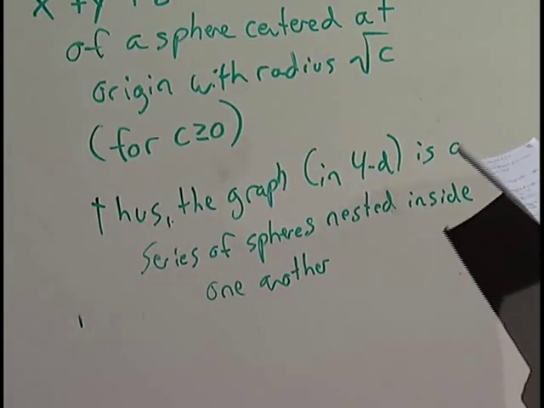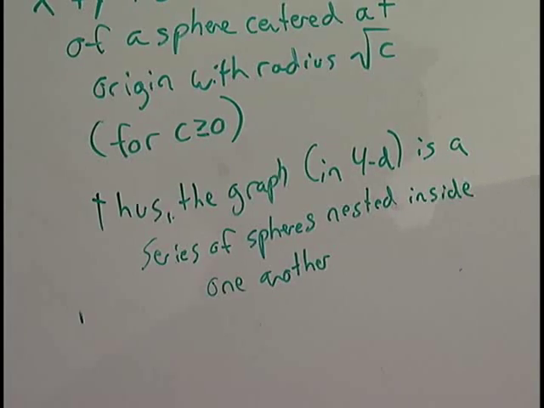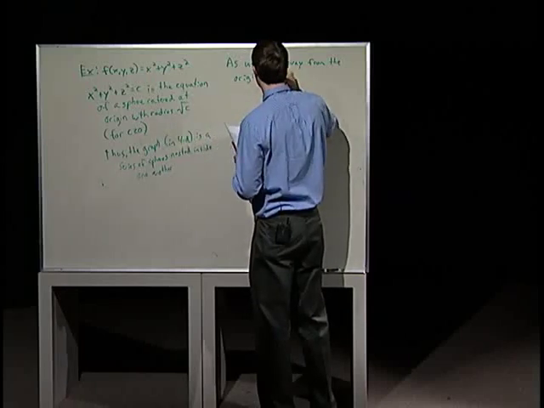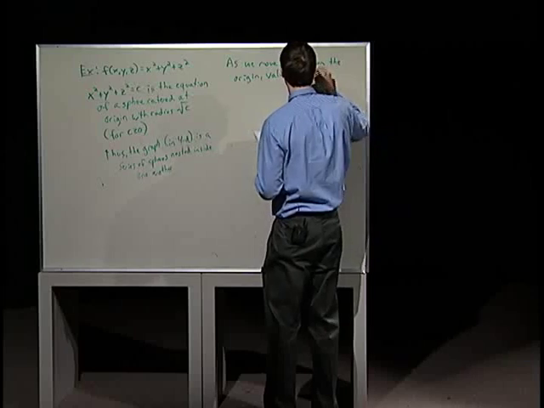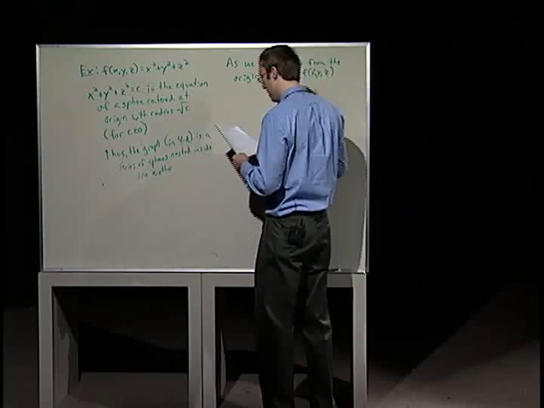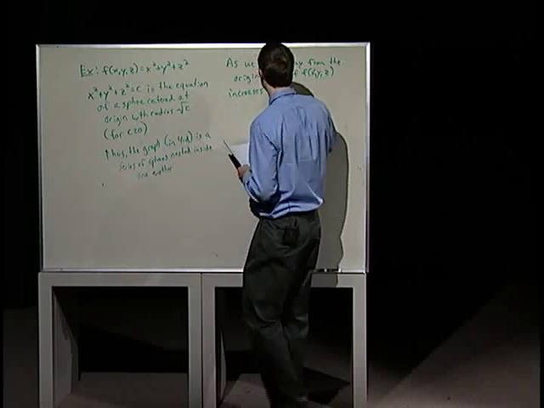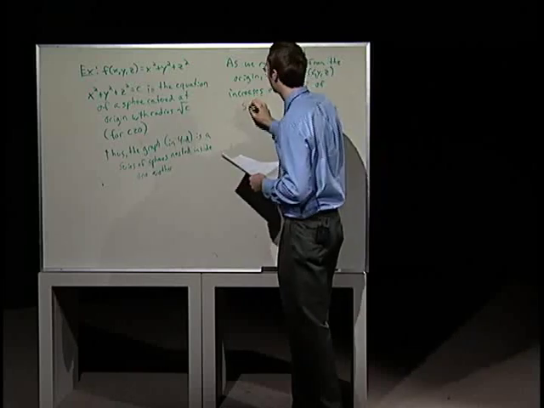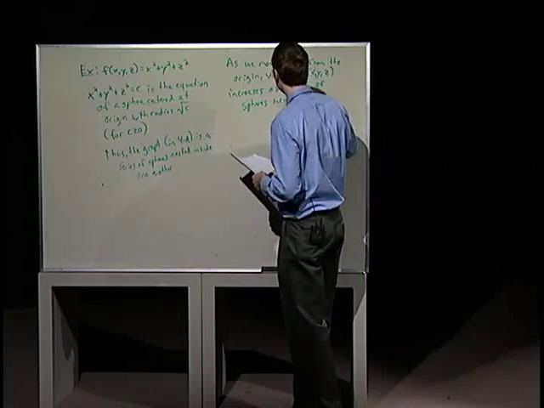And as we move away from the origin, the value of f of x, y, z, what am I saying here? Increases, yes, as the radii of the spheres increase, right?